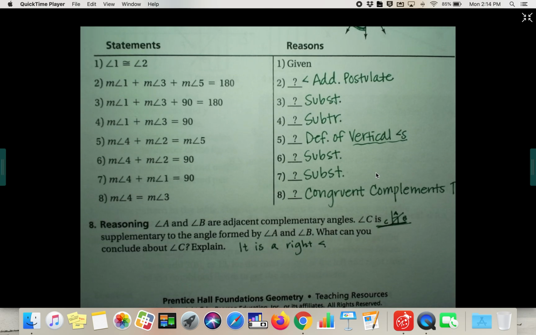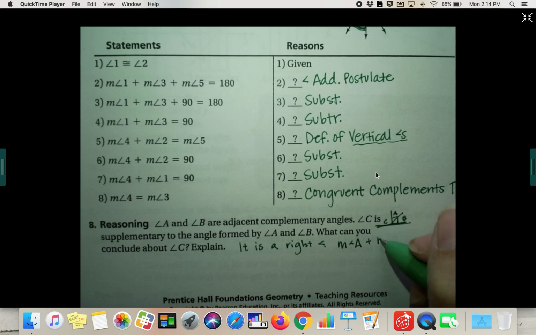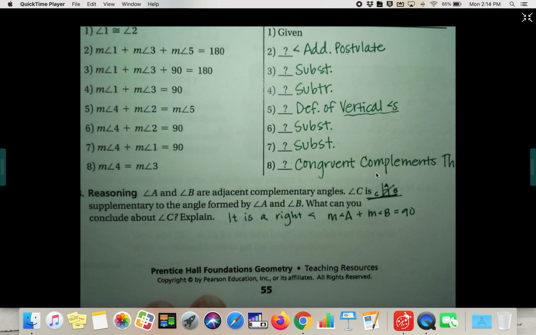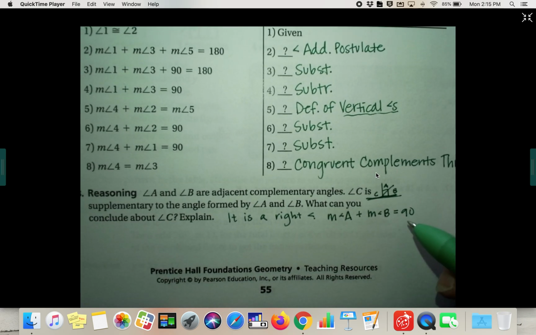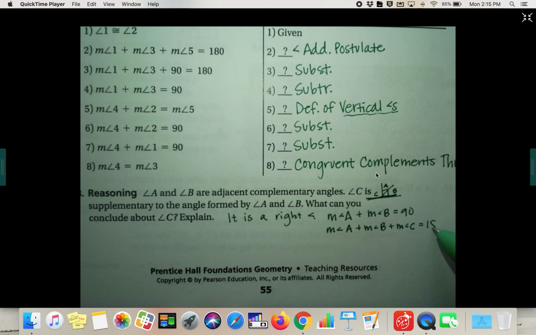And the reason is, really, substitution. Let me just write this out. The measure of angle A plus the measure of angle B equals 90, by definition of complementary angles. And then the measure of angle A plus the measure of angle B plus the measure of angle C equals 180, by definition of supplementary angles.